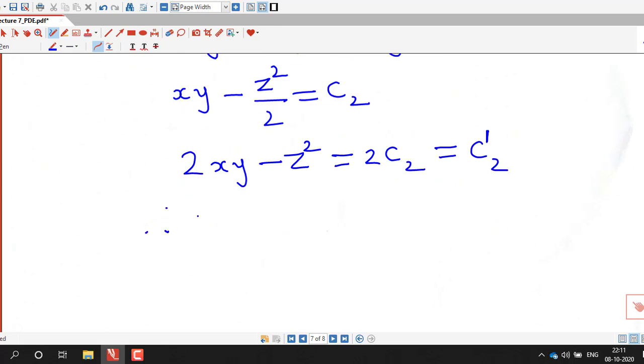Therefore the second solution is v equal to 2xy minus z square equal to c2 dash.